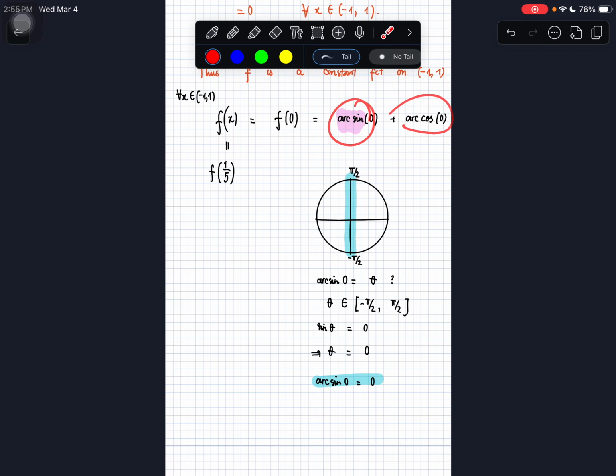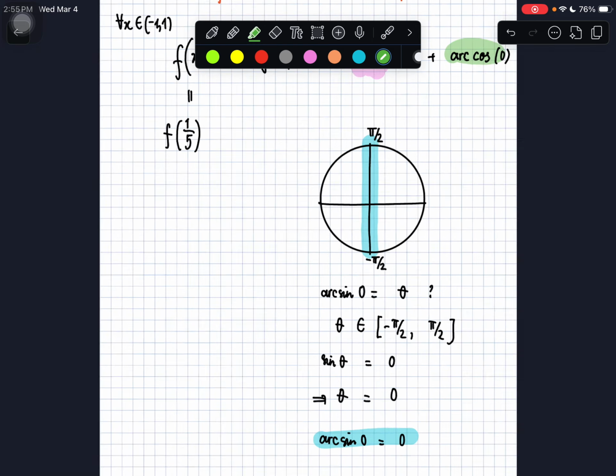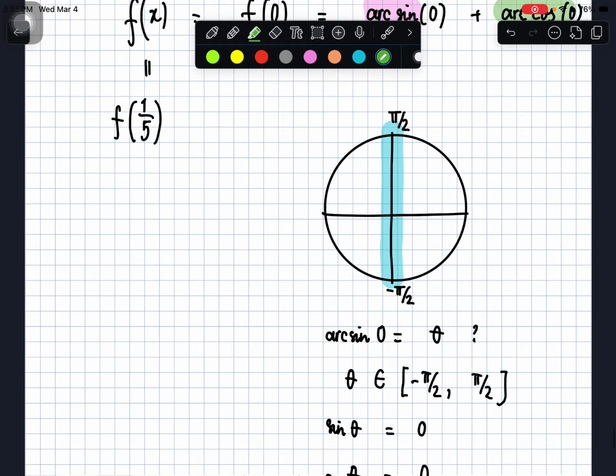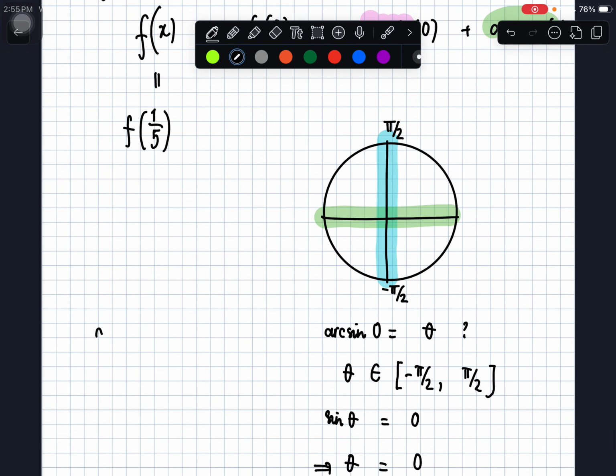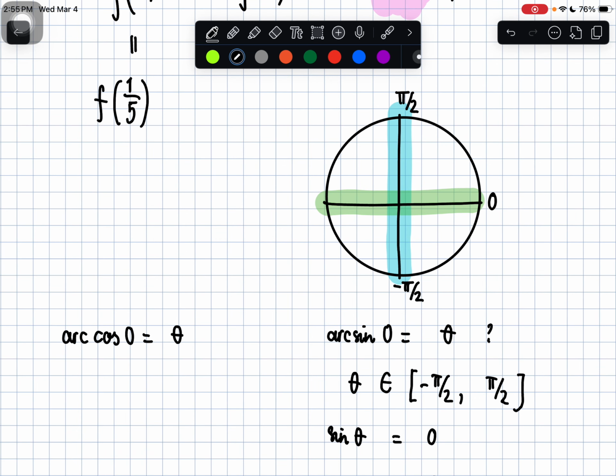Now let's compute the other thing. Arc cosine of 0. The cosine axis is here. So we know that arc cosine of 0 is an angle, say theta, between 0 and pi. We want arc cosine of 0 equal to theta.